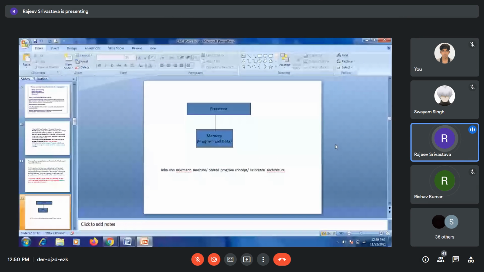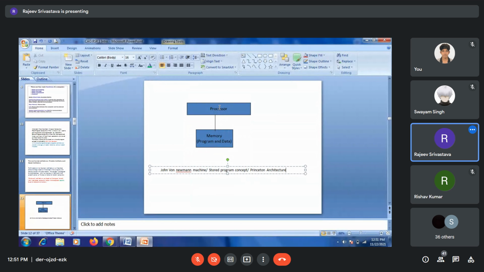This is the John von Neumann machine, a stored program concept, Princeton architecture, processor and memory, and both program and data are stored in memory. So other than processor and memory, we have input output devices, which are the IO systems. So basically, three components are there: processor, memory, and IO, and main memory is shown here.